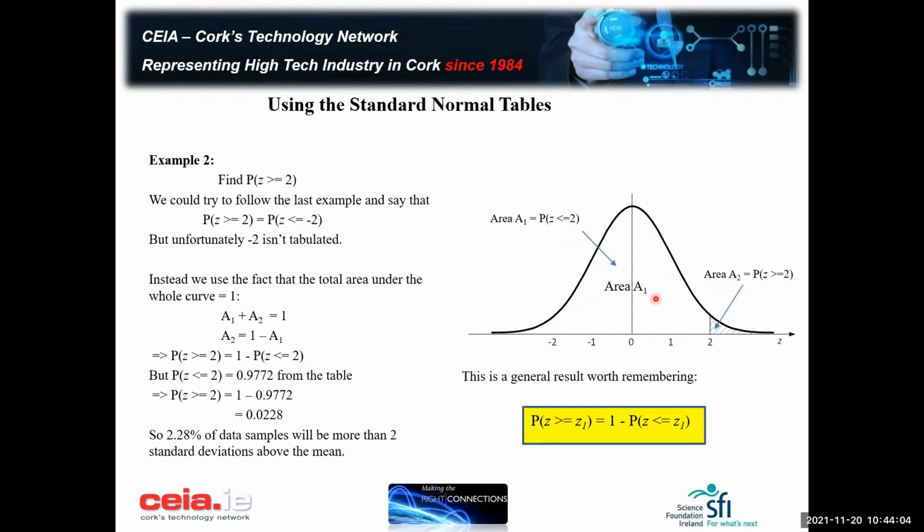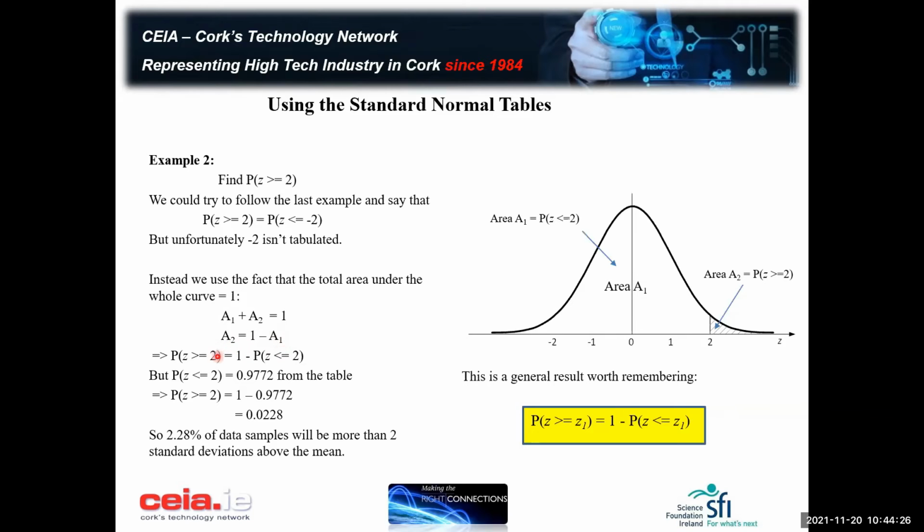And so we look up this. This is the same number we just looked up. It's 0.9772. We use the fact that A1 plus A2 equals 1. So A2, which is the number we have, is 1 minus A1, which is the number that's tabulated.